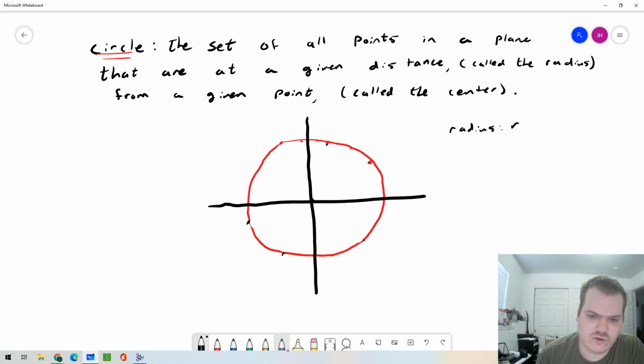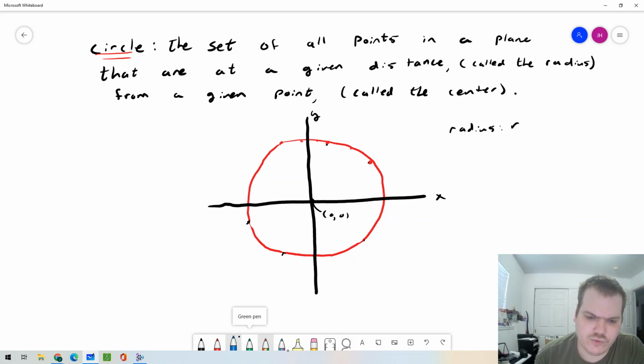The center right here, I've set equal to the origin, so this is the point 0, 0. What that means is it's 0 on the x and 0 on the y. And I want the set of all points that are of equal distance. That means it's the set of x comma y such that the distance from 0, 0 to x comma y is equal to r. Now we could write that in set notation, but I don't want notation to distract us from what we're talking about. So we're just going to stick with the definition that we have.